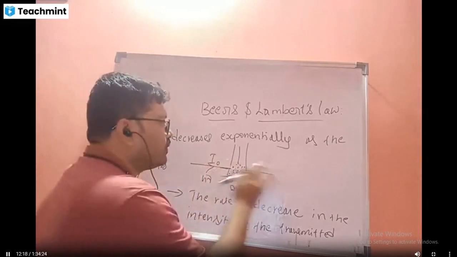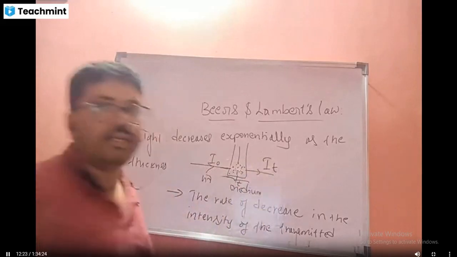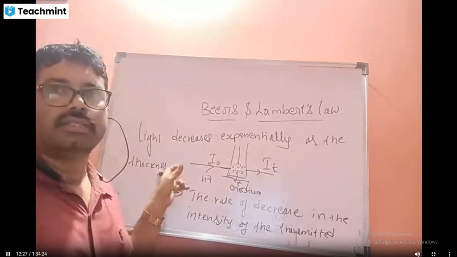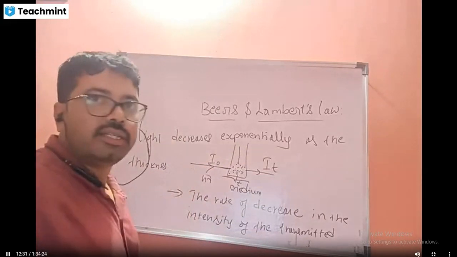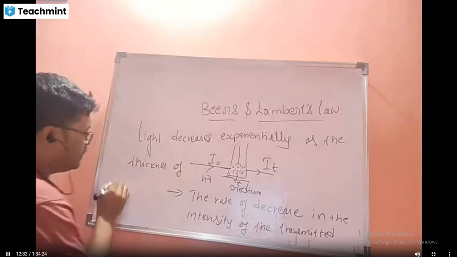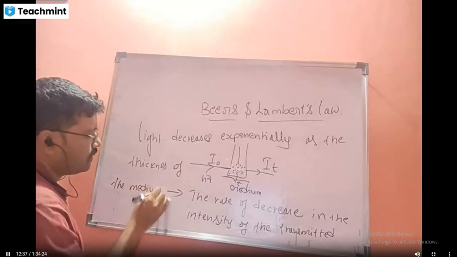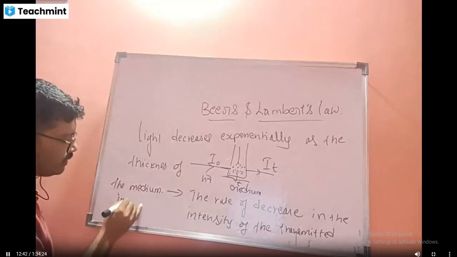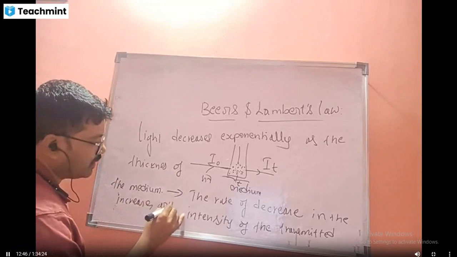The intensity of transmitted light decreases exponentially as the thickness of the medium increases arithmetically.